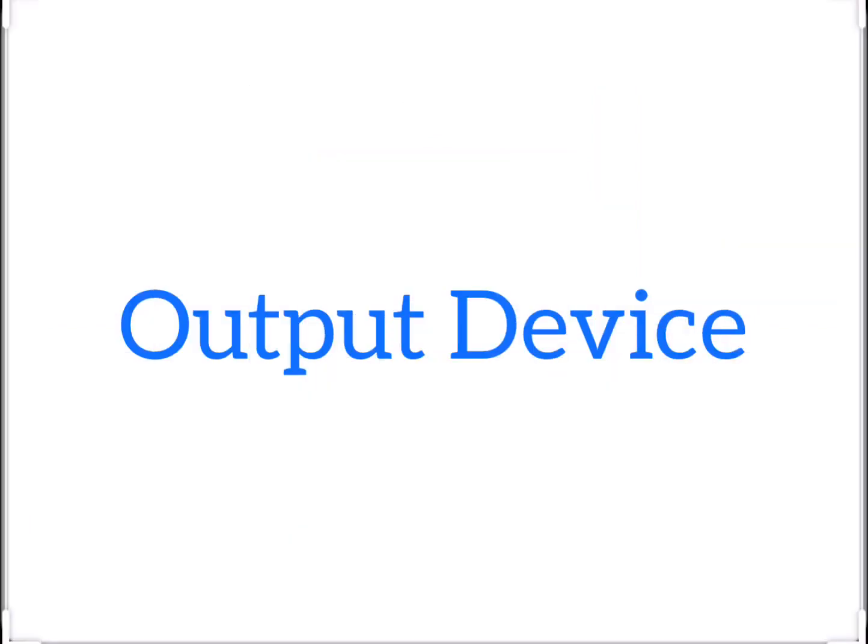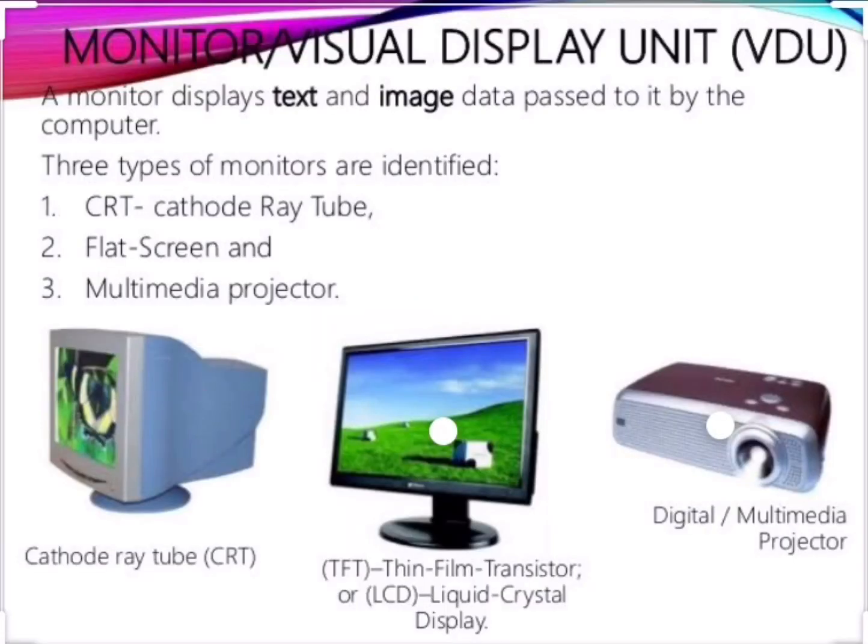Output devices. Output devices are those which the computer uses to display information and results. Monitor. Monitor, commonly called visual display unit, VDU. There are two kinds of monitors.